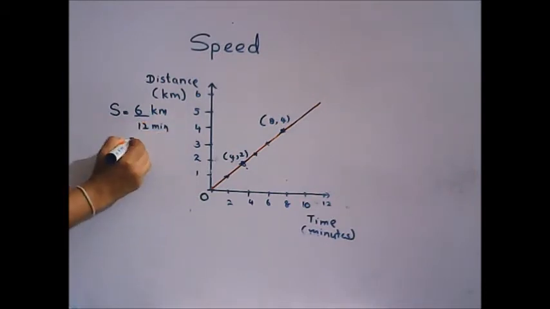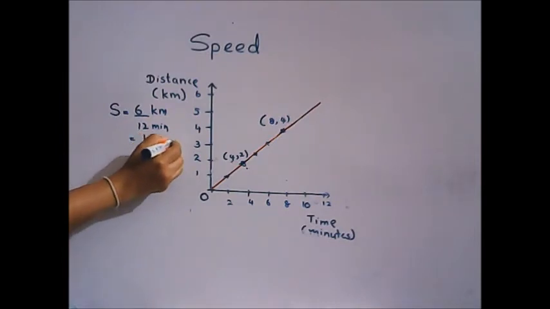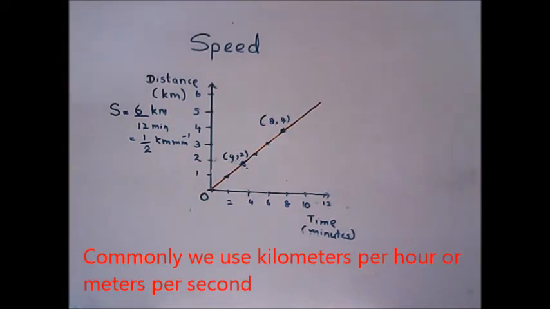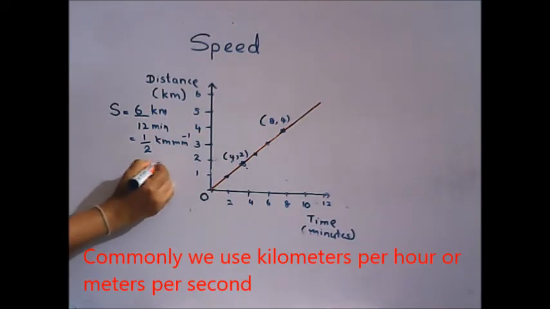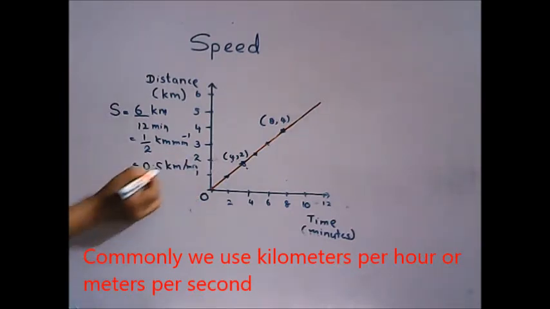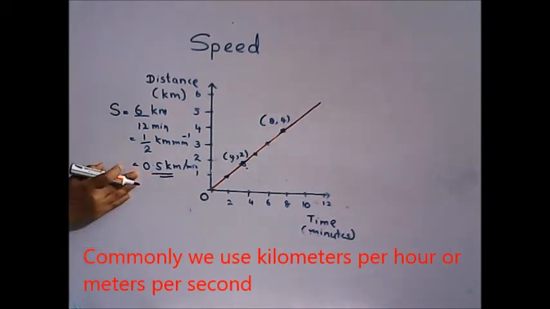Then you can write this as 1/2 kilometers per minute, but this is not a standard unit. So you can write this as 0.5 kilometers per minute. This is not a standard unit.